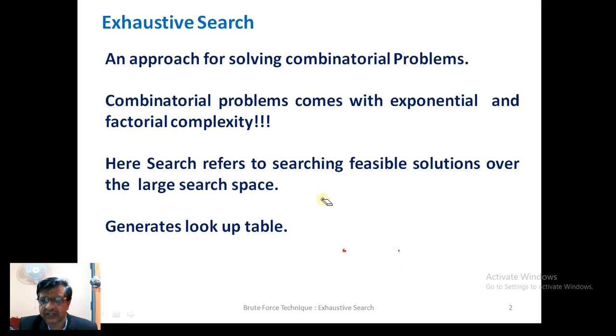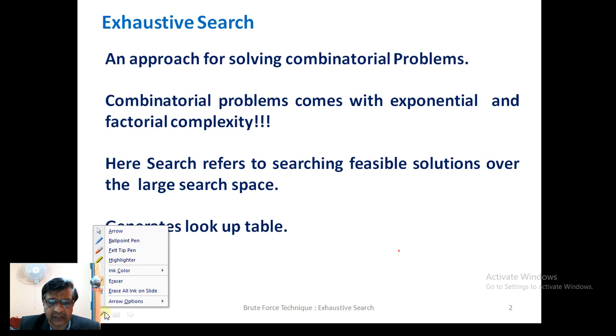Here, search refers to searching feasible solutions over the large search space. Of course, the largeness depends upon the magnitude of the parameters, the magnitude of the inputs: what is the minimum value of the input and what is the maximum value of the parameters involved. Anyway, it will generate what is called the lookup table.